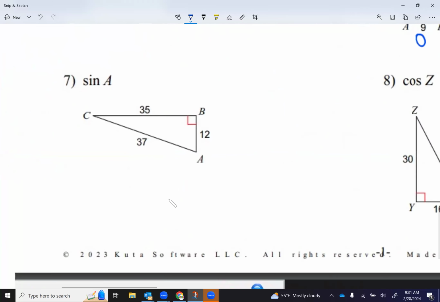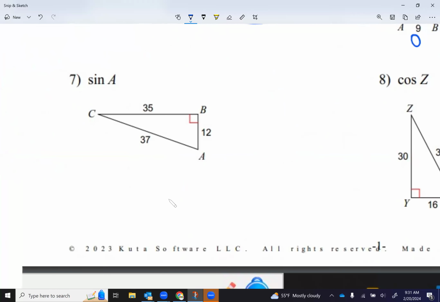All right, let's take a look at number 7. Let me label my three sides. Find my 90-degree corner. Boom. The side that is farthest away, that's the hypotenuse. I should have my theta somewhere. This is sine of A. So right here at corner A, that's where I'm going to put my theta. Farthest away from theta, that's what I call the opposite. Close to theta, that's what I call adjacent.